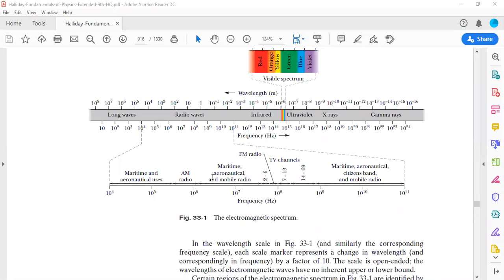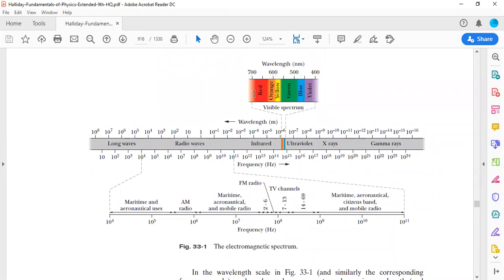So what is the importance of wavelength in communication? Similarly, the visible portion of the electromagnetic spectrum has its own importance and can be described in very much detail.